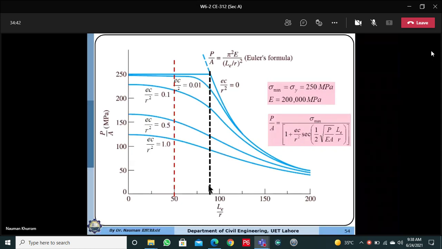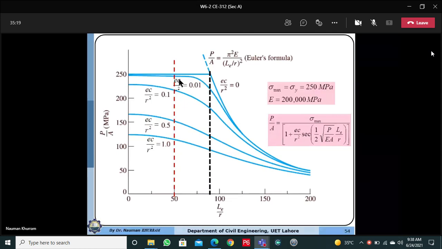So it means that at this stress value, maybe this slenderness ratio is 90. If eccentricity is 0, then the column will fail at a stress value of 250 megapascal. But it has a certain eccentricity, so corresponding to this same slenderness ratio, the column will yield at an applied stress equal to this value, which is around 230 megapascal and less than 250.